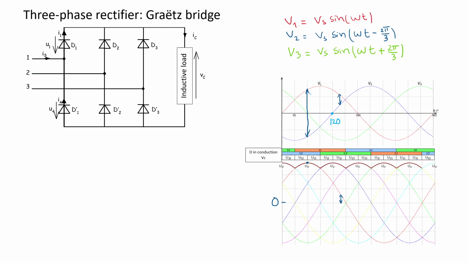So we compare the two, which means we subtract between this waveform and this waveform. Okay, V1 minus V2, so sine omega t minus this sine, you compute it. In the graph, you can represent it by the gap. So look between the red and the blue. You see that the gap here is the maximum.